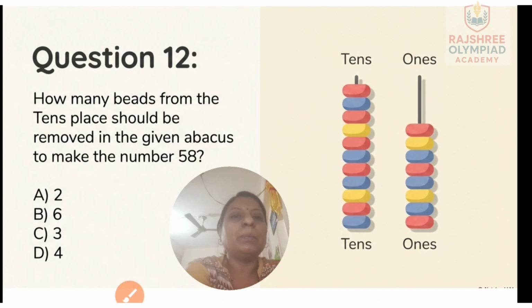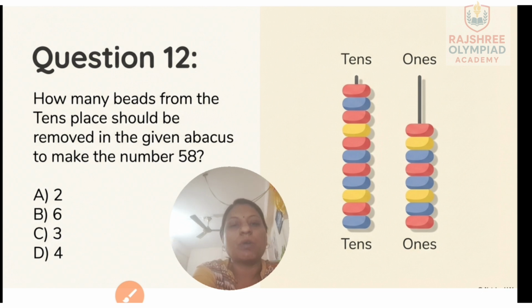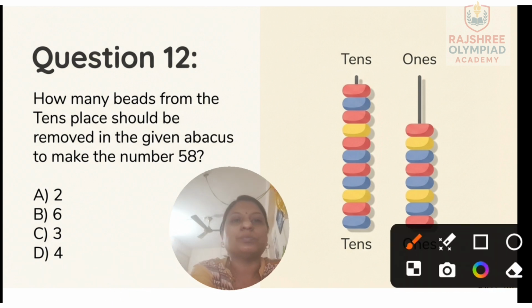Next, question number 12. How many beads from the 10th place should be removed in the given abacus to make the number 58? This question is from the abacus. The keyword is remove. This is the 1 place, this is the 10 place.